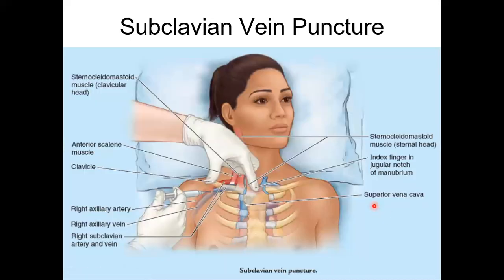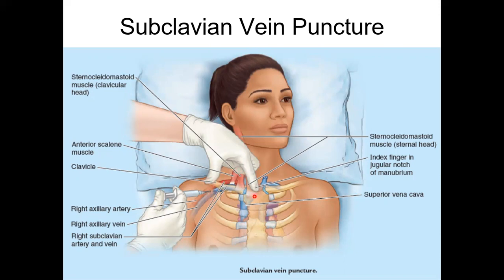Okay. Subclavian vein puncture, this is the clinical correlation in this area. Knowing that this is a way for you to get venous access by using the landmark structures in the body, including the jugular notch, the sternocleidomastoid muscle, and the lateral end of the clavicle.